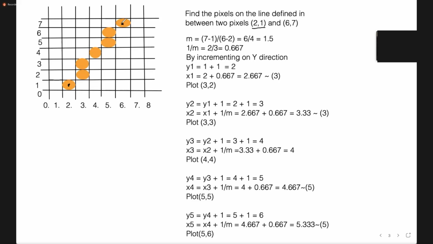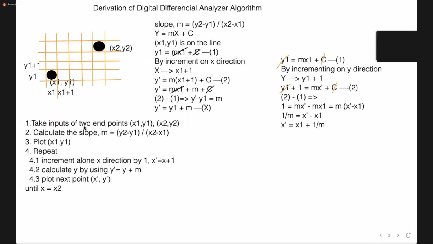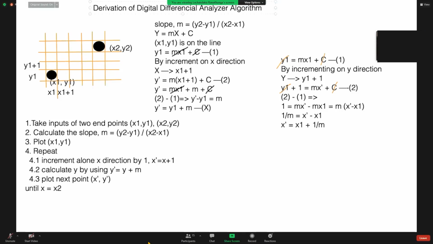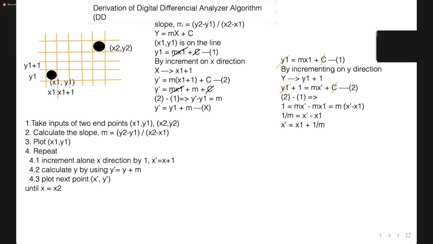Therefore, we have to understand there is a kind of change to this particular algorithm. This is not the digital differential analyzer algorithm. The additions to be done, we normally say DDA algorithm, digital differential analyzer.